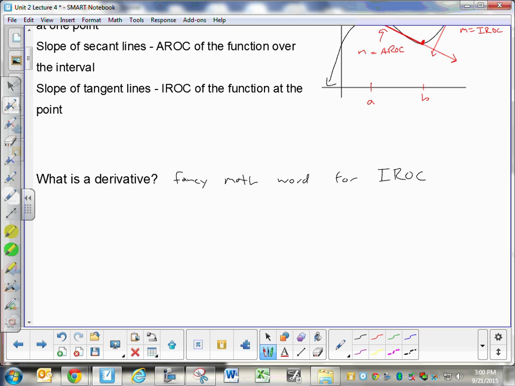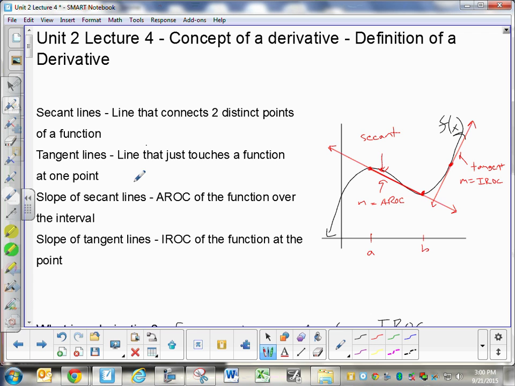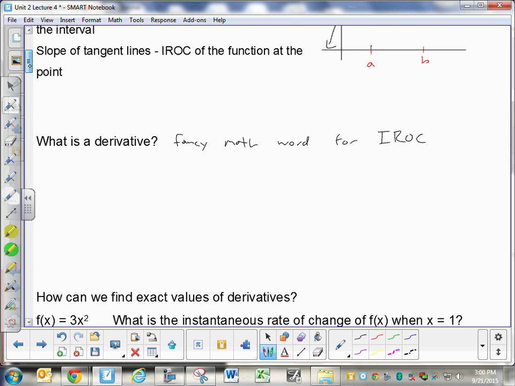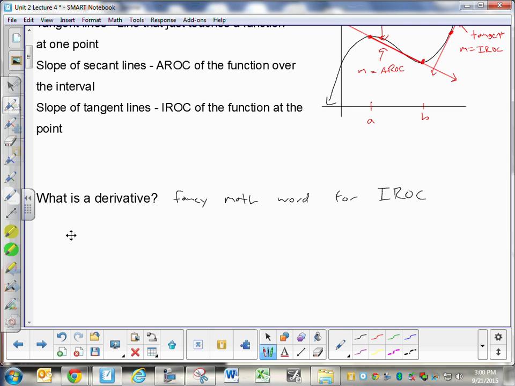Well, we know instantaneous rate of change also means the slope of a tangent line. So actually we have three words that all really mean the same thing. They're all interchangeable. It's very important to write this down, that a derivative is the same as the instantaneous rate of change, which is the same as the slope of a tangent line.